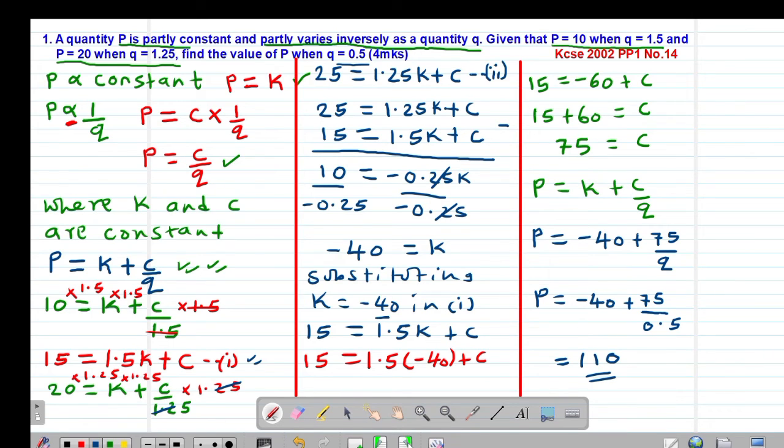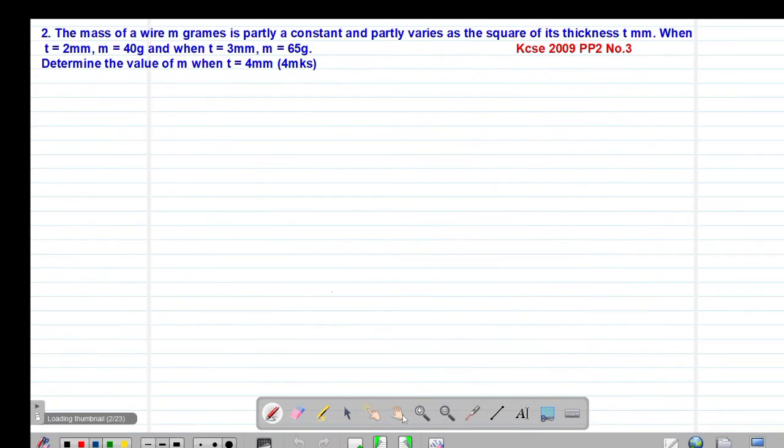Then we look at our second example, which is also a past KCSE question tested in 2019 paper 2, question number 3, which reads that the mass of a wire M grams is partly constant. So we are having the mass M, which is partly constant.